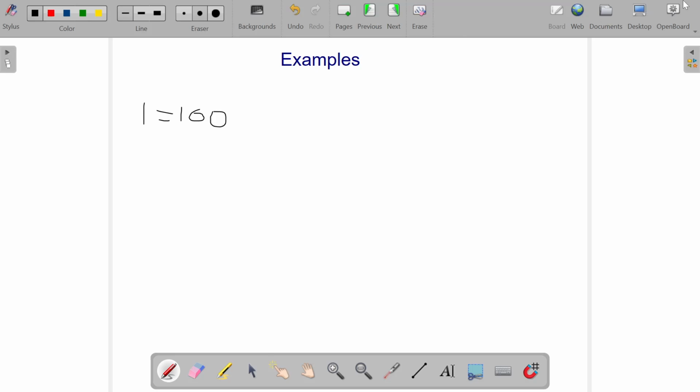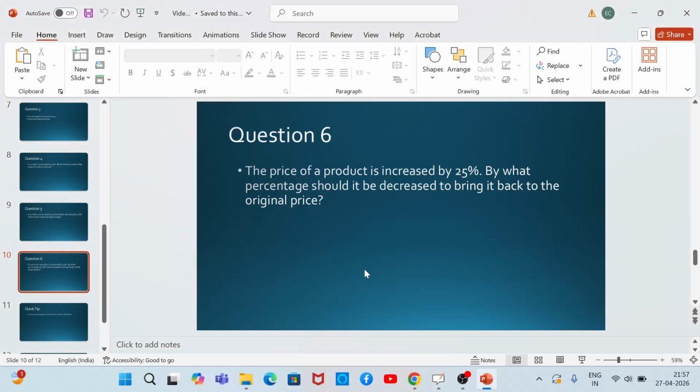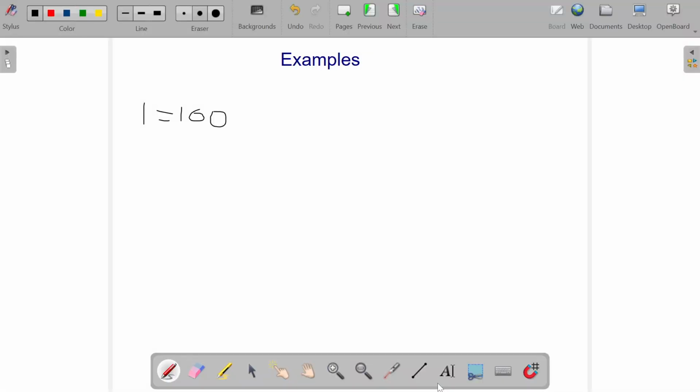Now it is increased by 25%. So the increase percentage is 25. I told you whenever 100 is increased by some percentage, we simply add that percentage. We need not calculate anything.